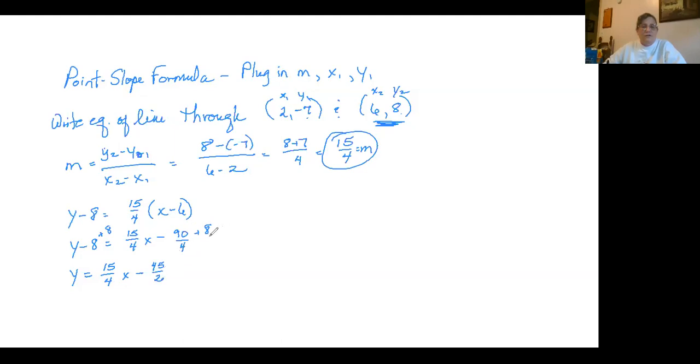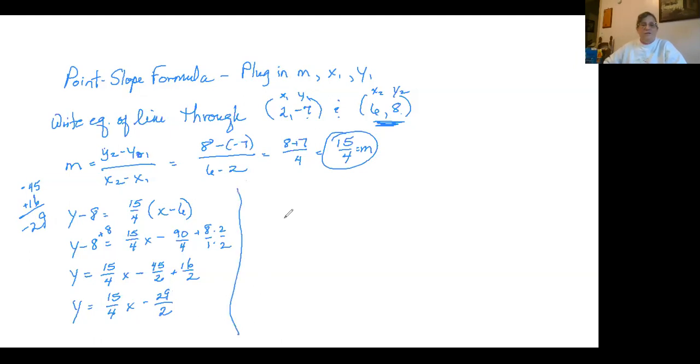So I can multiply this 8 by 2 over 2, which becomes plus 16 over 2. You have to be able to add fractions. Negative 45 and a plus 16, subtract, minus 29 halves.